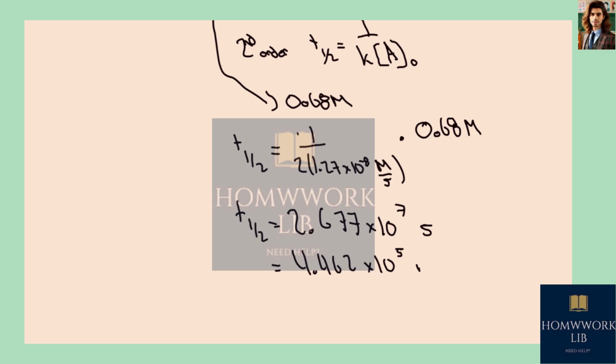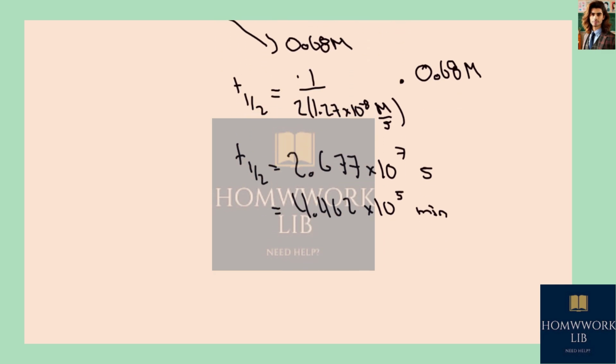So now for part B, we are asked how much is going to be spent after 2.75 times 10 minutes when we have an initial amount of 3.25 molar.